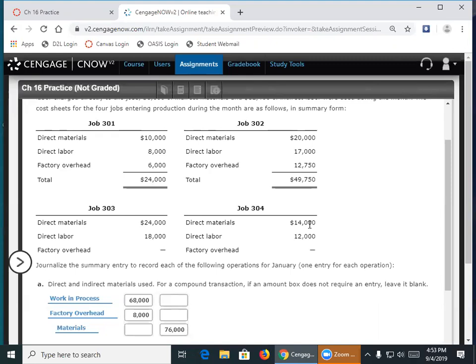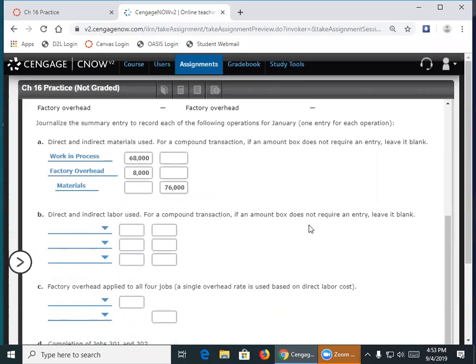And then indirect labor gets charged just like indirect materials did. So indirect labor, the 12,400. Indirect labor is an actual overhead, so it gets debited to factory overhead. And since it's labor that we owe, it gets credited to wages payable.